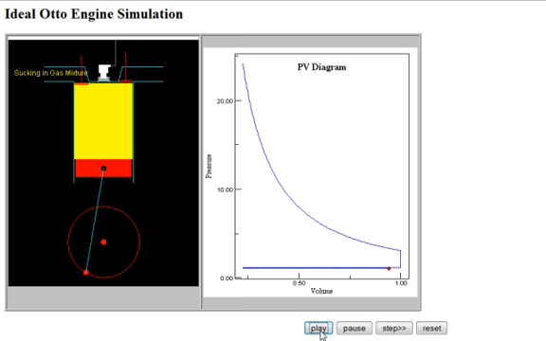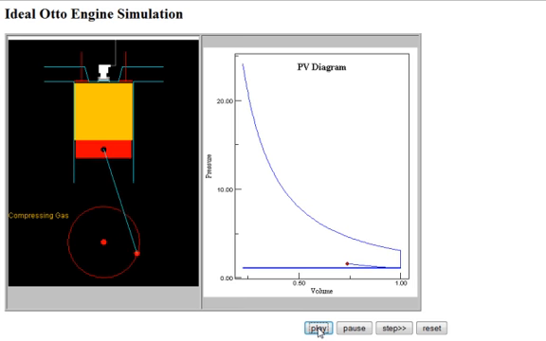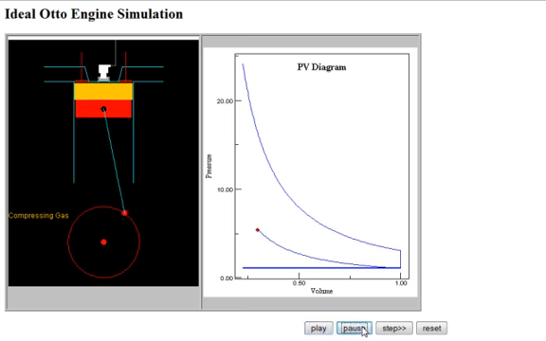So I have an isobaric process, and just at the bottom of the stroke the intake valve closes, then I'm going to begin the compression stroke. This is going to be an adiabatic compression, and now that compression causes the gas to change its volume. It's becoming compressed, and so the gas molecules are very, very close together.